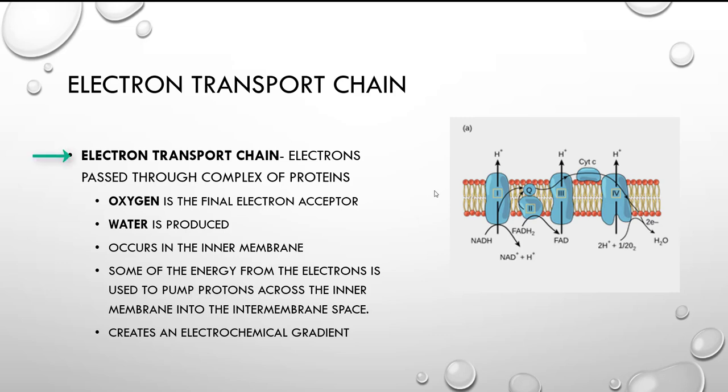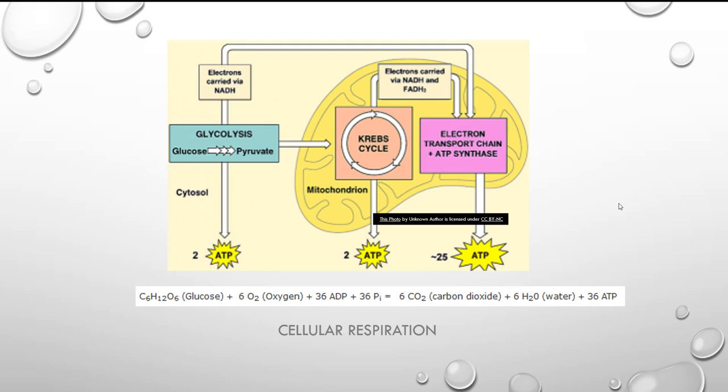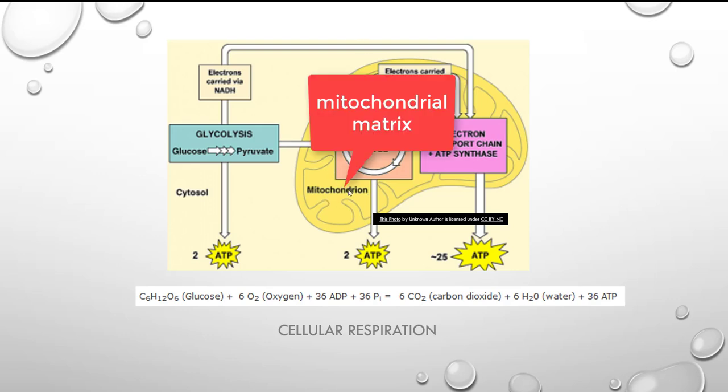So remember all of those electron carriers, the NADH and the FADH2s that are carrying electrons from glycolysis, from the citric acid cycle, from that transition step. Well, they're all heading towards the inner membrane of the mitochondrion. So again, let's go back. Remember, we have the mitochondrial matrix right here.